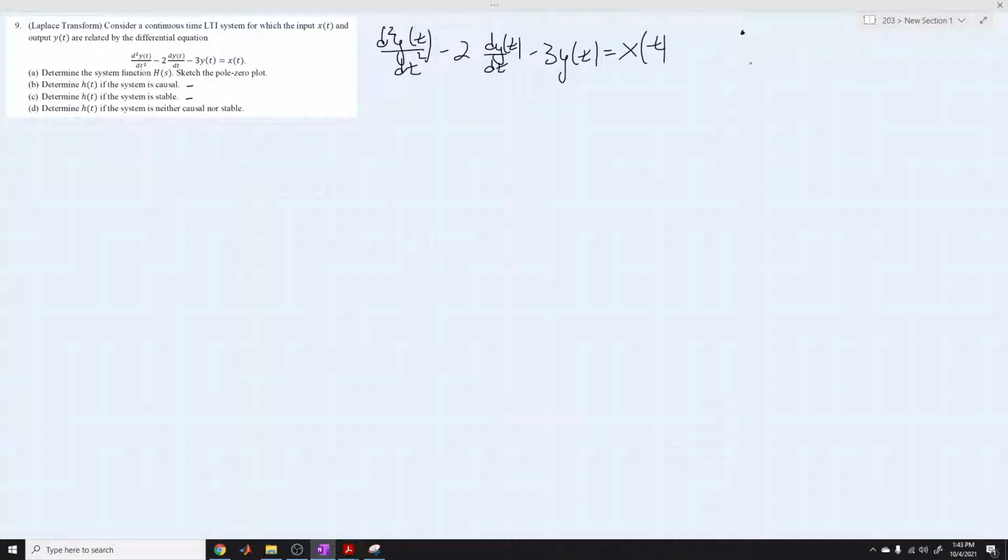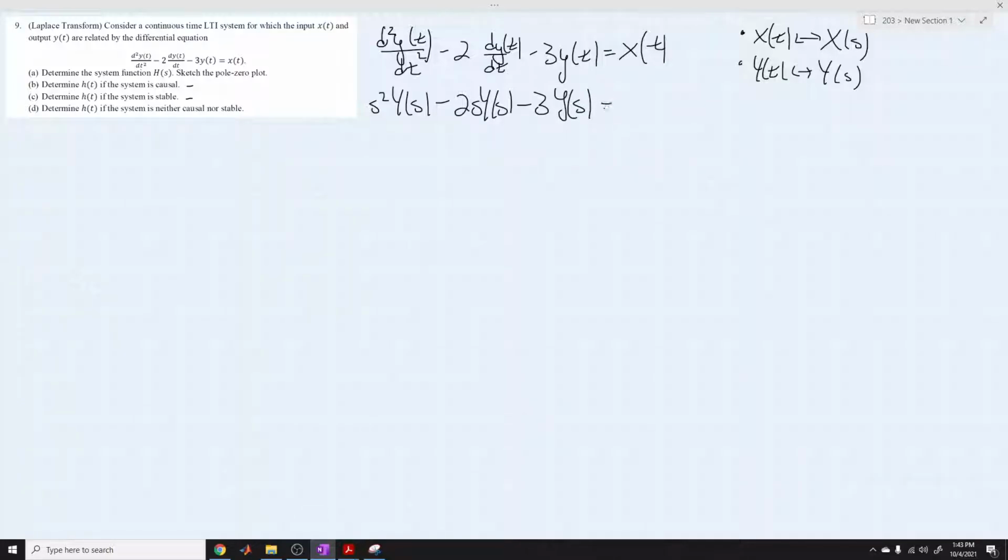And we can just make a note right here: x of t has the Laplace transform big X of s, and y of t has the Laplace transform big Y of s. And then this is simple enough. We get s squared times Y of s minus 2s times Y of s minus 3 Y of s, and that's equal to X of s.